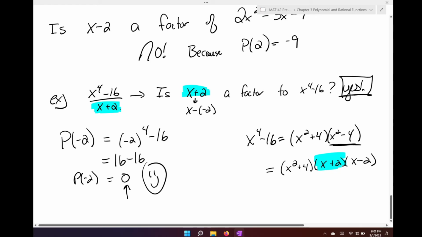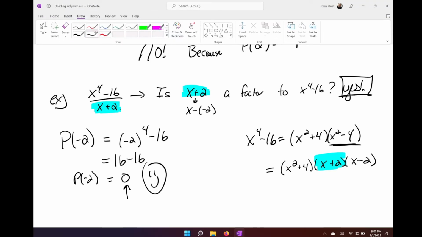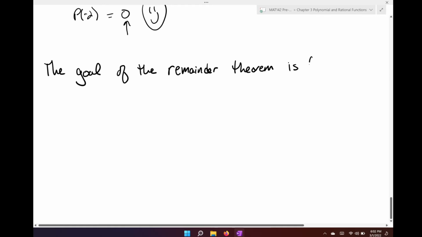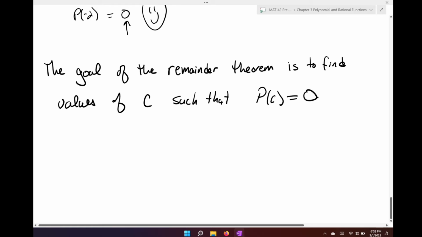So you can save yourself a lot of work by just being a little intuitive. You can ask yourself, okay, is x plus 2 a factor? Use what we call the remainder theorem. So the goal of the remainder theorem, I'm going to write this nice and large, is to find values of C such that P of C equals 0.